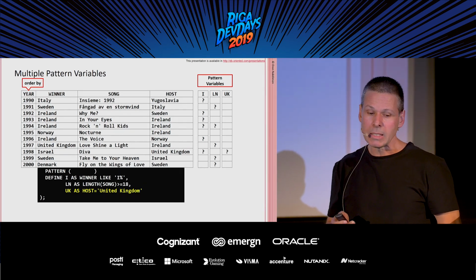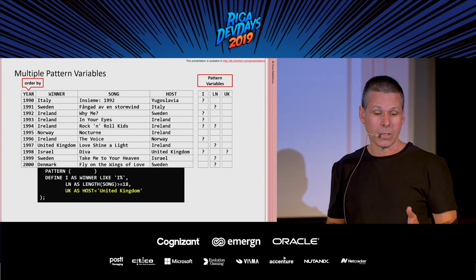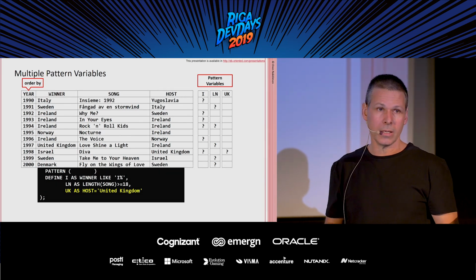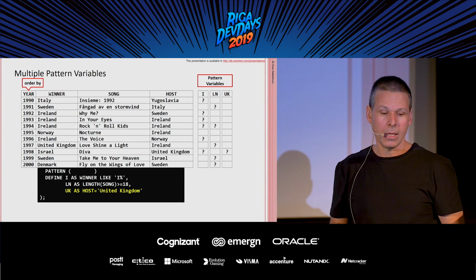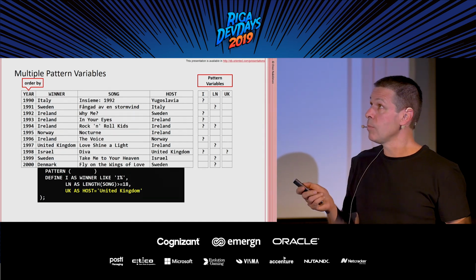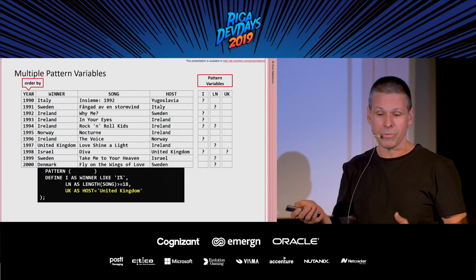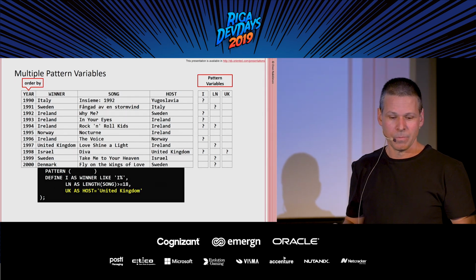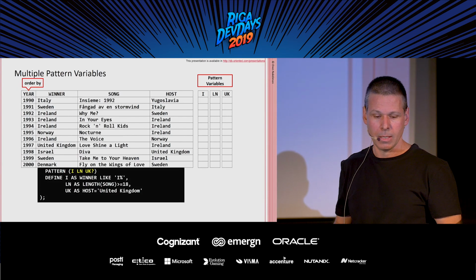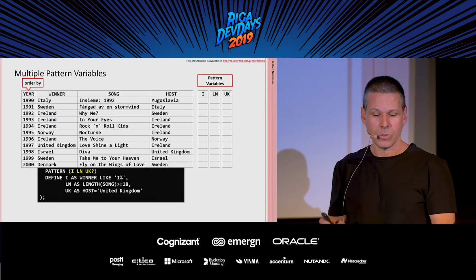So 1991, for example, Sweden starts with an S, so clearly it will not be an I record. 1990 can be an I, but until we know the pattern, we don't know if it is an I or not. So let's define a pattern. The pattern is I, LN, UK question mark.